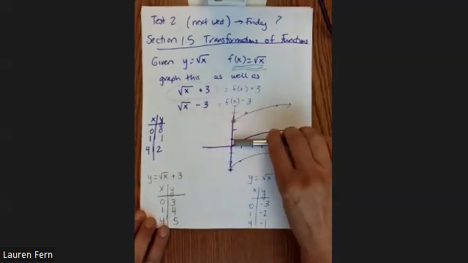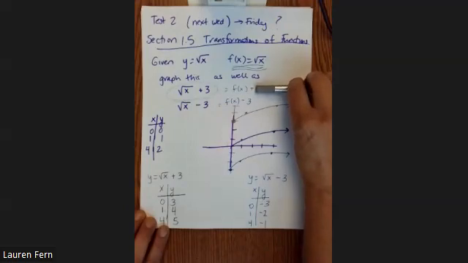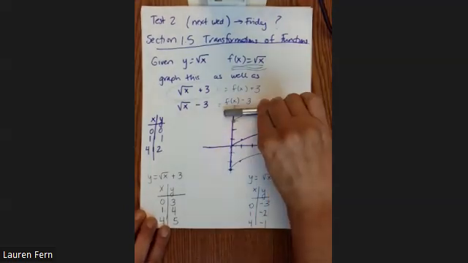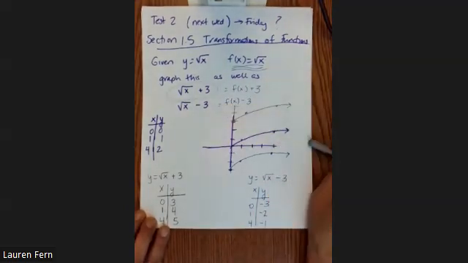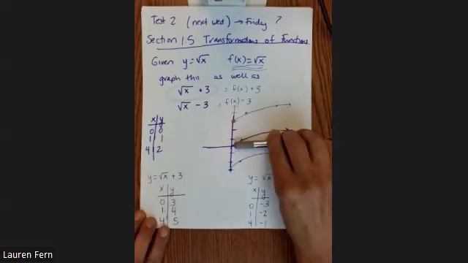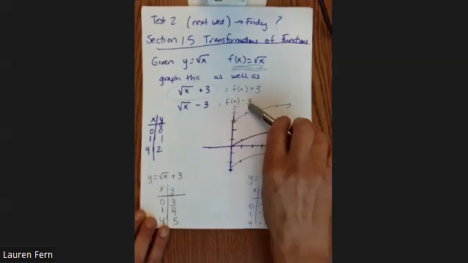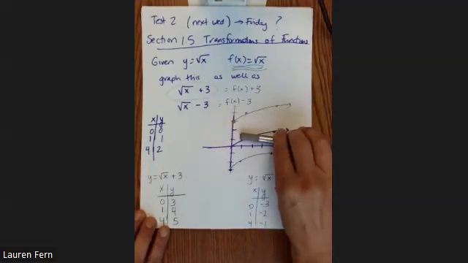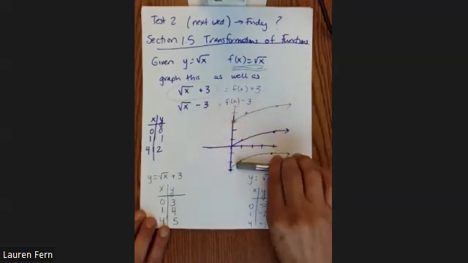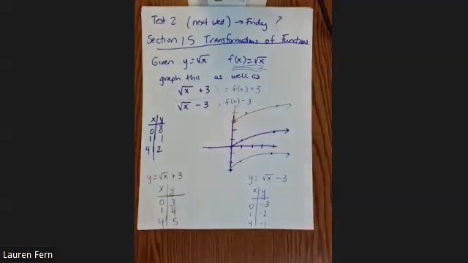And what happened to our graph when we added 3 to it? Didn't we move up 3? And what happened to our graph of our function when we subtracted 3? Didn't we move down 3? Isn't that cool?